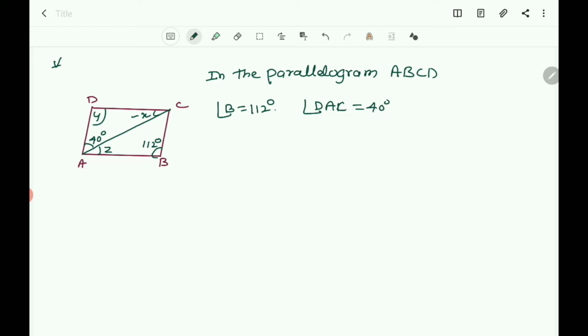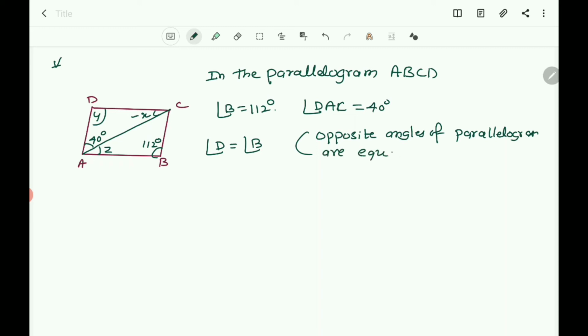So first you take down angle D is equal to angle B. Why? They are the opposite angles of a parallelogram. Opposite angles of a parallelogram are equal. Therefore angle D, shown as y, is equal to 112 degrees.